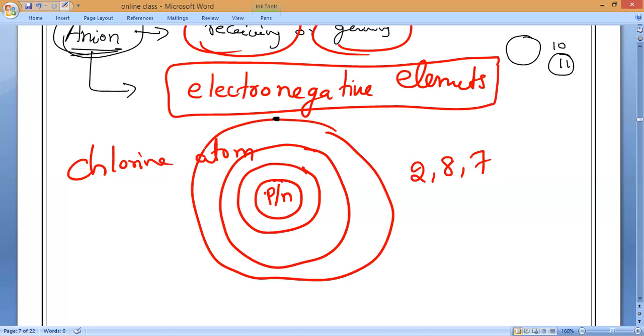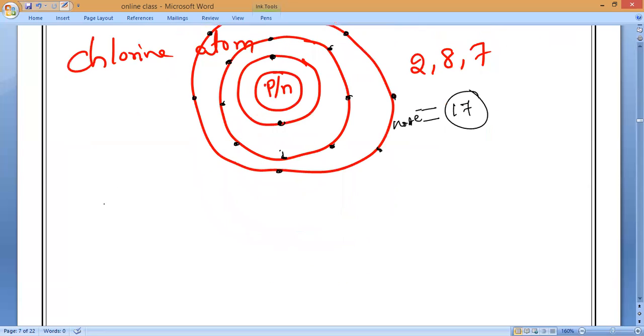Count it and tell me. 3, 4, 5, 6, and 7. Next 1, 2, 3, 4, 5, 6, 7, 8. And this is 2. Now tell me please, how many electrons totally? 2, 8, 7. 17.